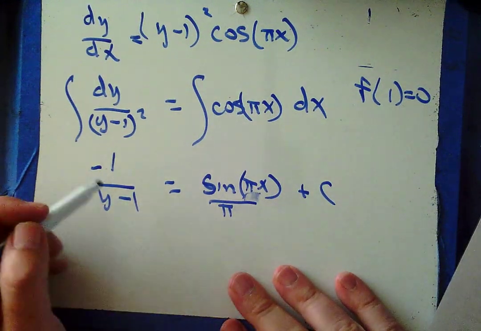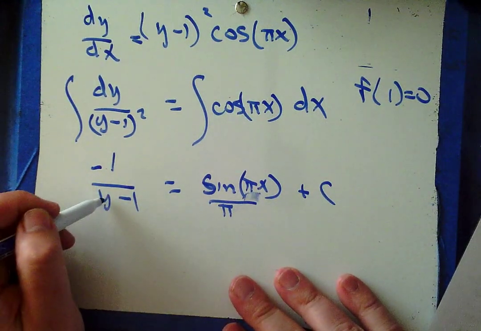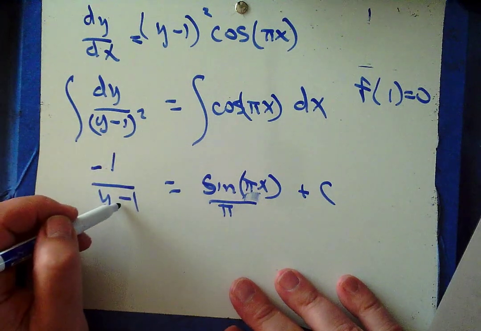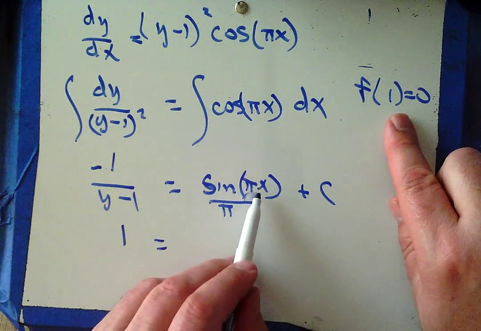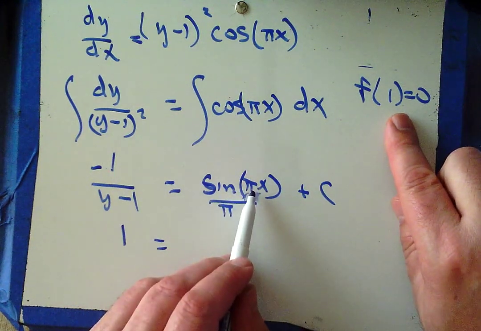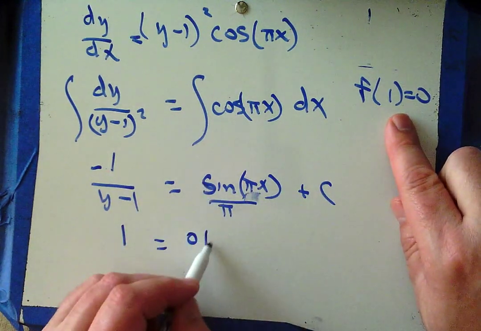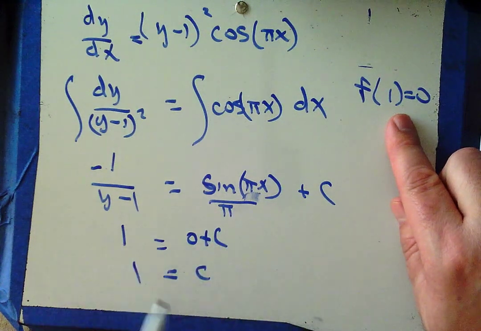If I plug in 0 over here, I get -1 over -1, which is 1. If I plug in a 1 over here, sine of pi is 0 plus c, so c equals 1.